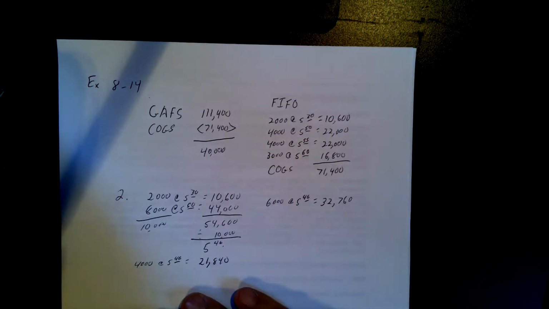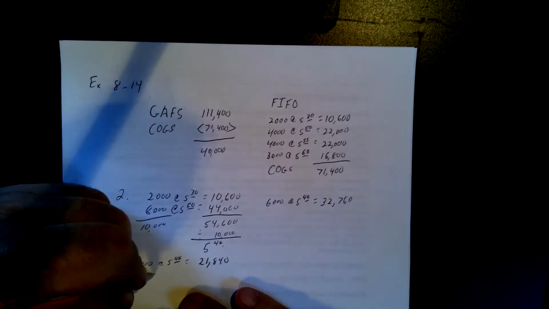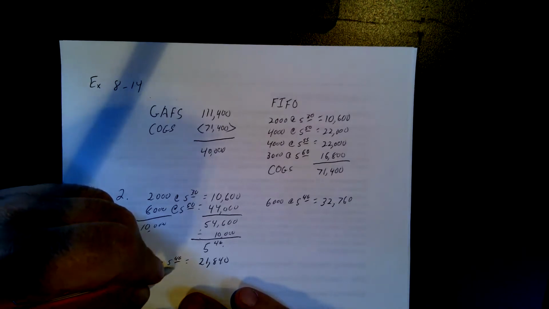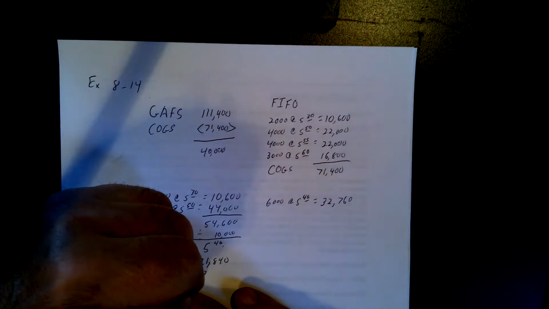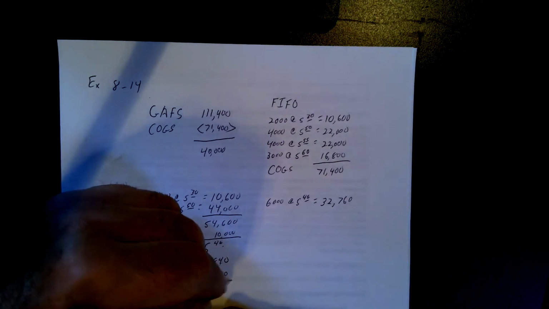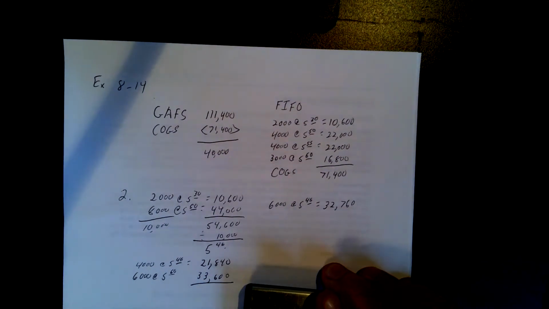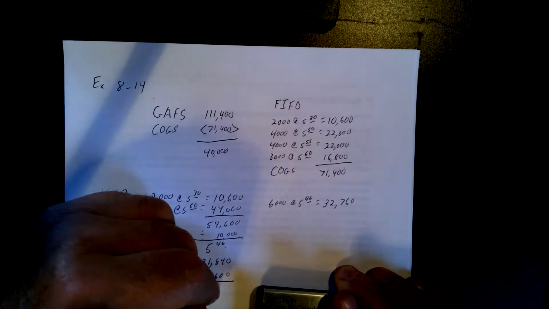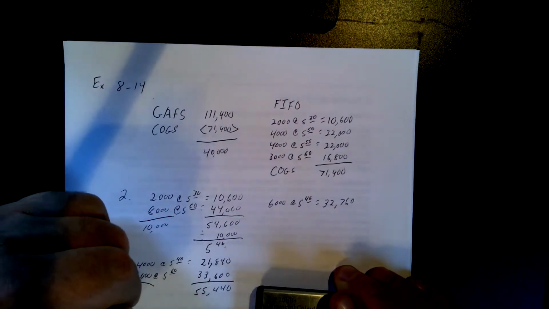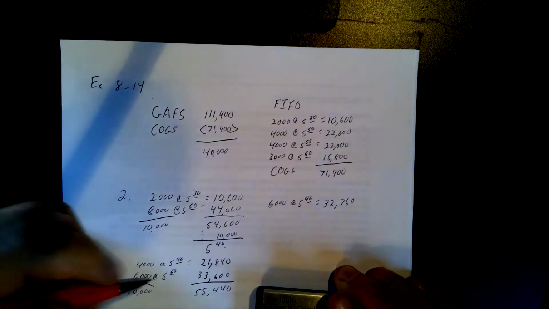Then we purchased another 6,000 units, and we purchased those at $5.60, and so that's going to be $33,600. $21,840 plus $33,600, we've got $55,440. Again, we've got 10,000 units.